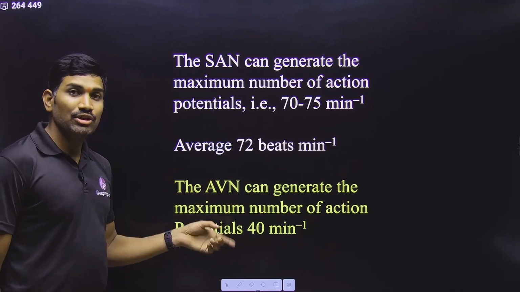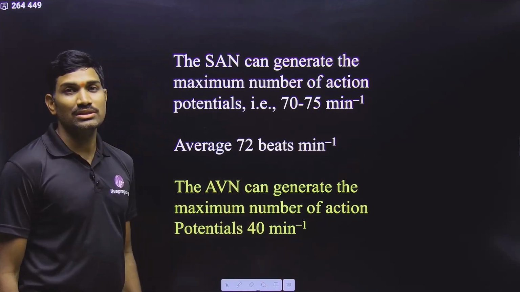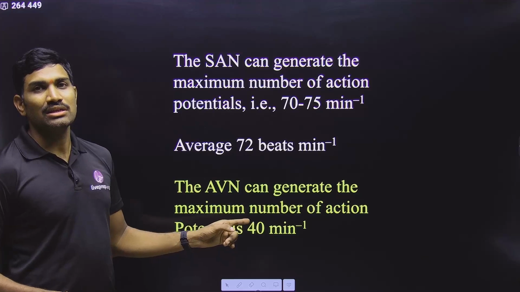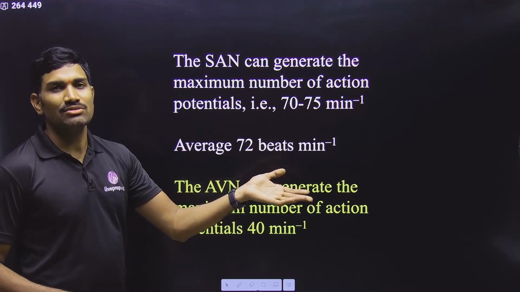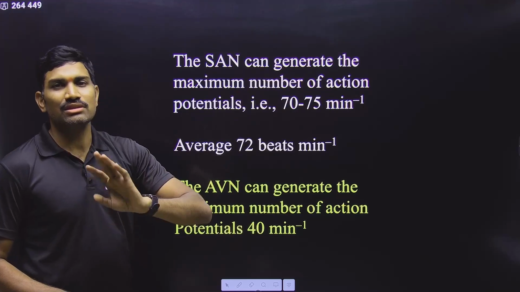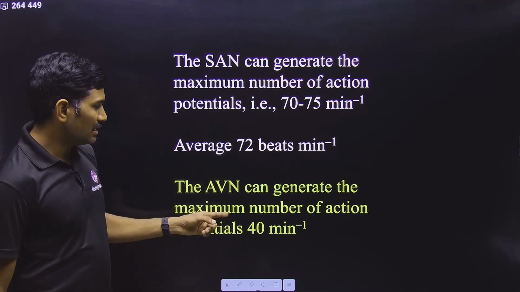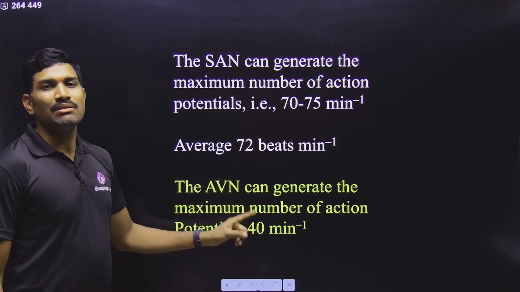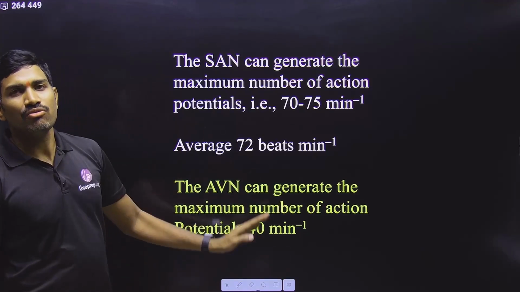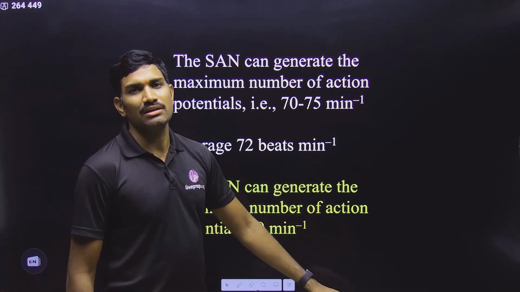But the AV node can also generate its own action potentials when the SA node is not working properly. Only then can you observe this. When the SA node is already working, you cannot notice these separately, because it has to follow the information given from the SA node. The number of action potentials generated by the AV node is much lesser. It is just 40 per minute, and this is not enough.